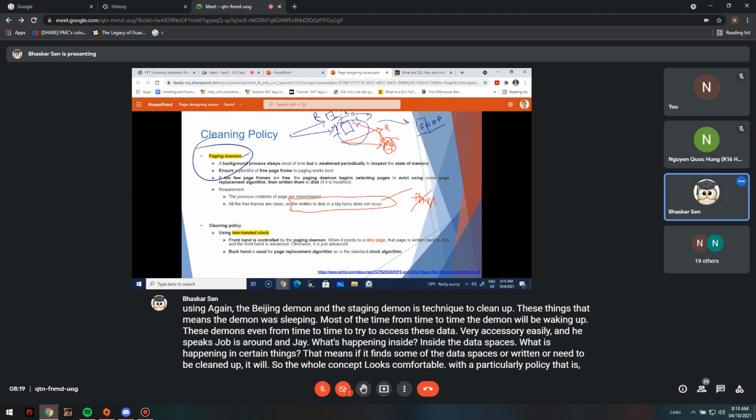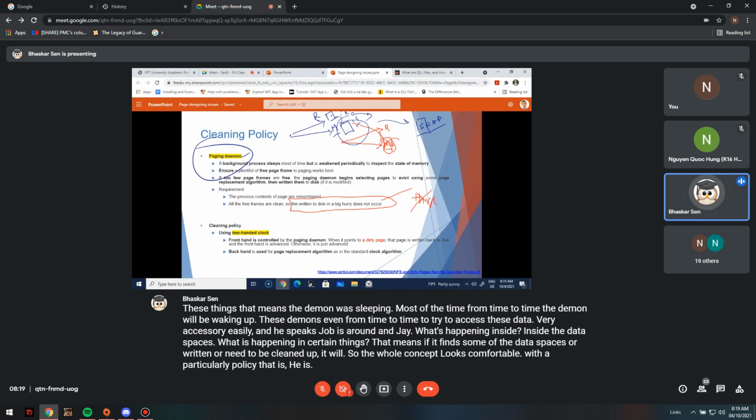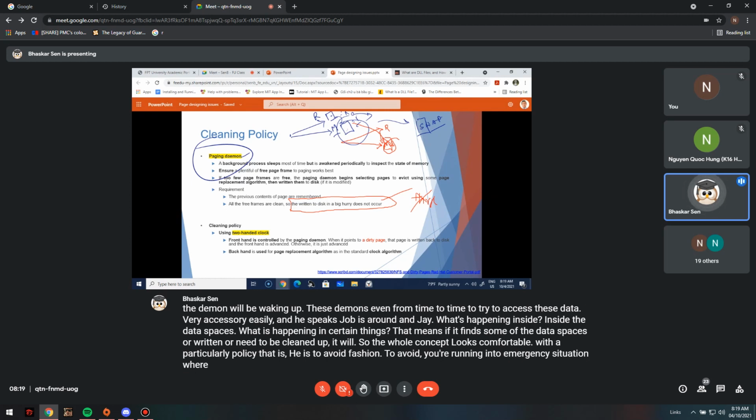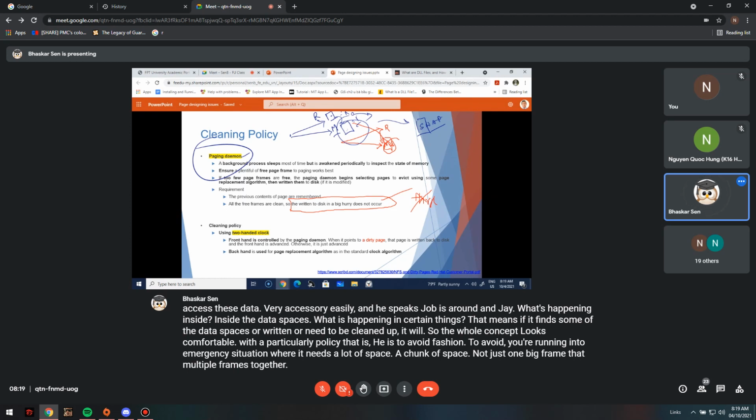So the whole concept of load control with a particular cleaning policy, which is what we're looking at right here, is to avoid crashing. To avoid running into an emergency situation where you need a chunk of space, not just one page frame but multiple frames together, because the OS is applying the working set model.